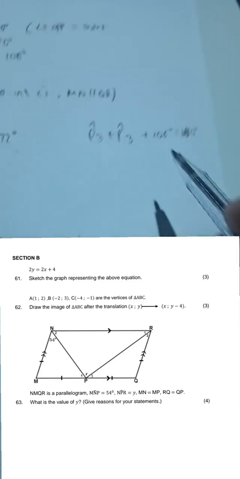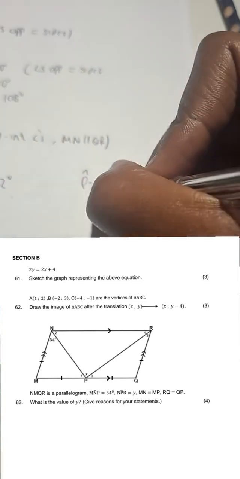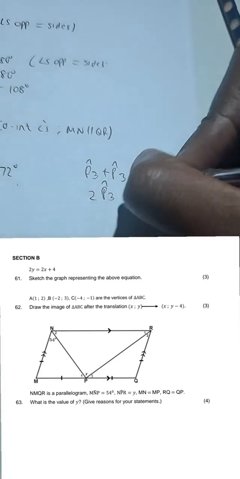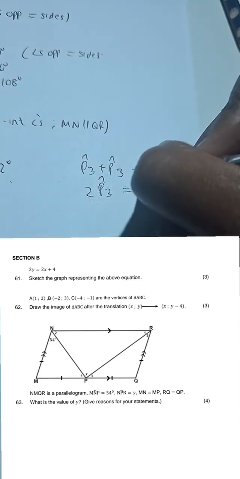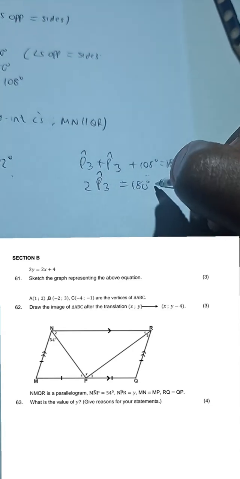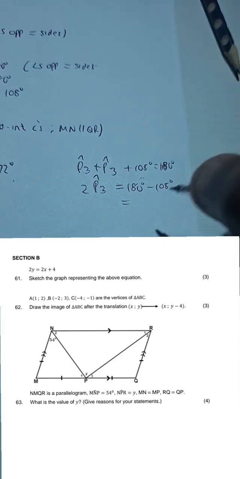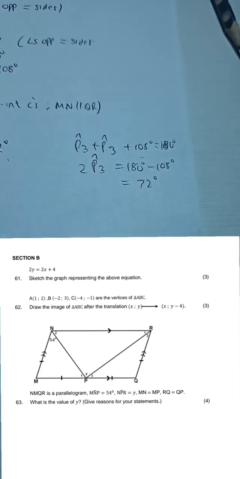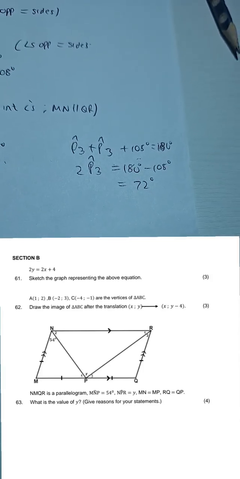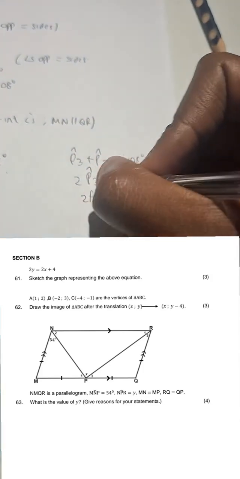Okay, I already had my reason, now I can solve. So that means 2P3 plus 108 is equal to 180. I take the 108 over, minus 108. I get 72 degrees. Okay, and then what do I do?